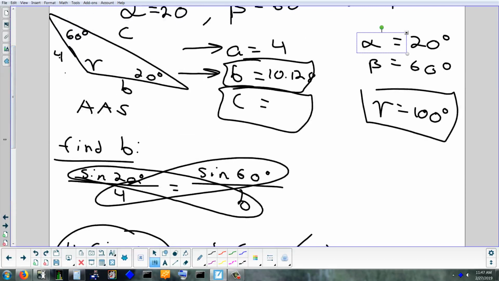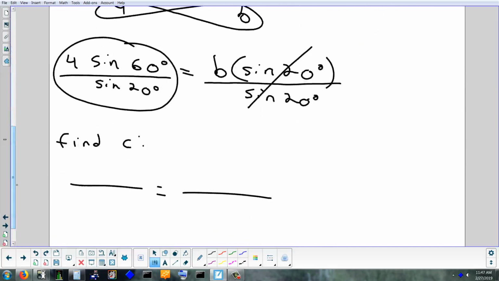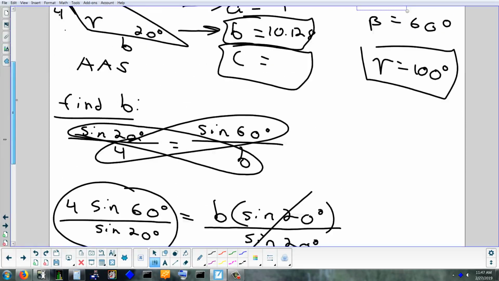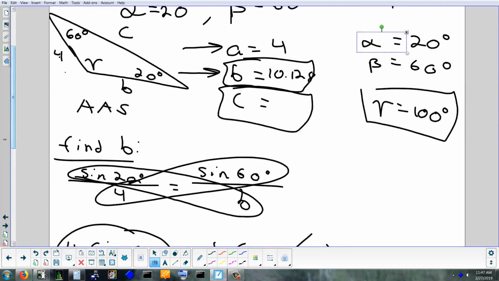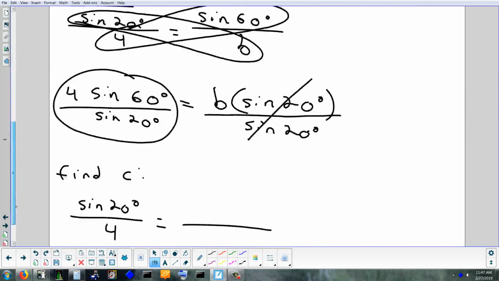Sine of 20 over 4. Equals. And what's going to go on the other side this time? Sine of gamma over C. Sine of 100 over C.